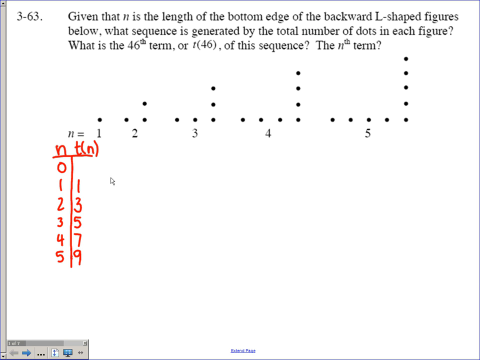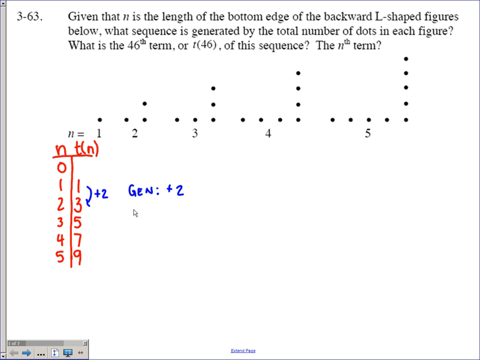Because we've studied sequences, we can look at this and ask, is there a pattern to it? I'm sure you probably see that each time we go through, we add 2 additional ones. Since we're adding 2, it's safe to say that this is going to be an arithmetic sequence.